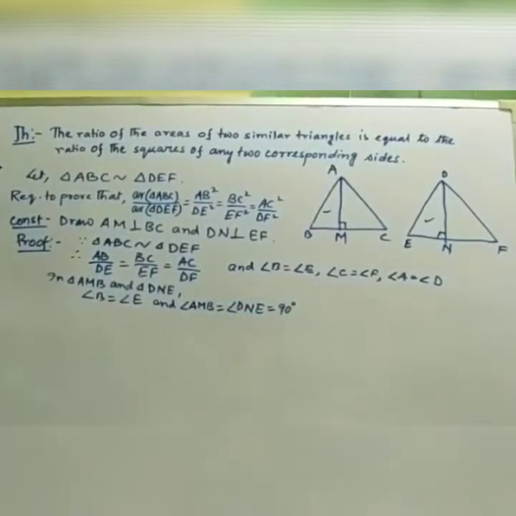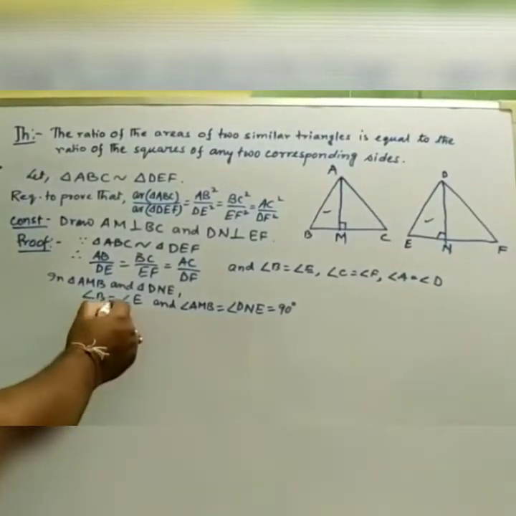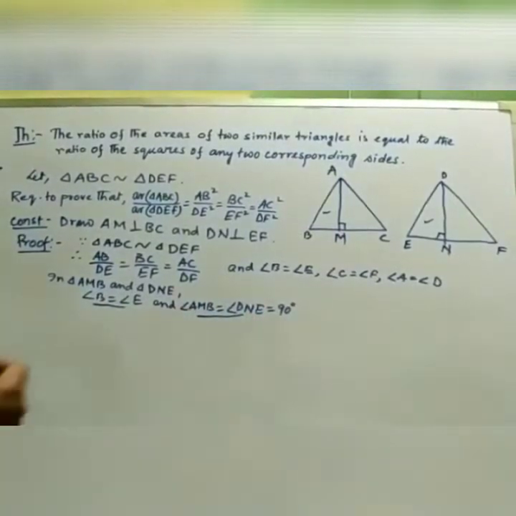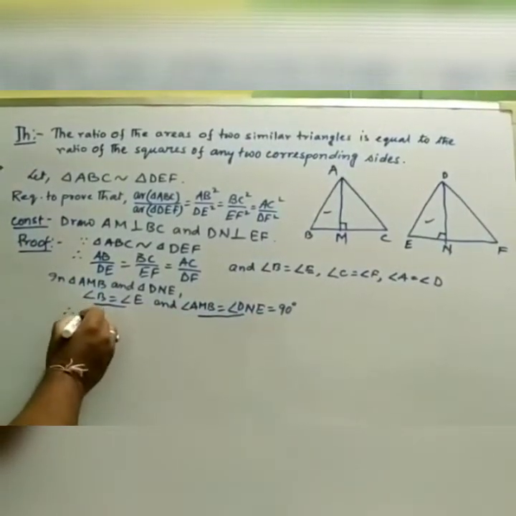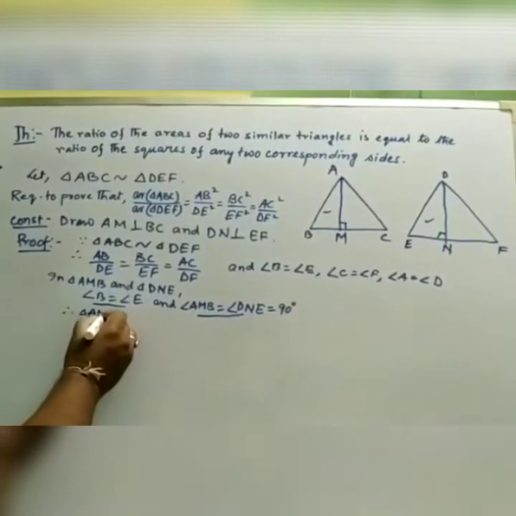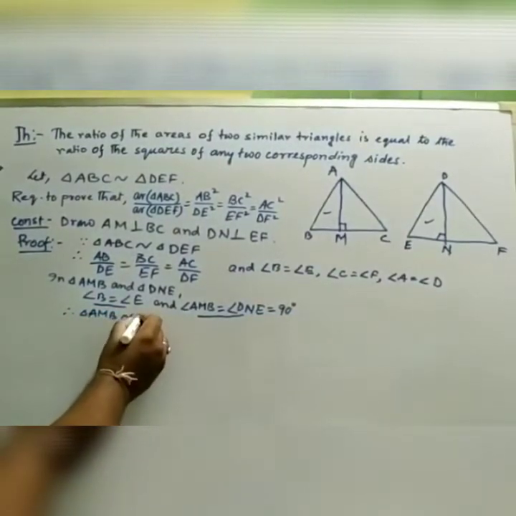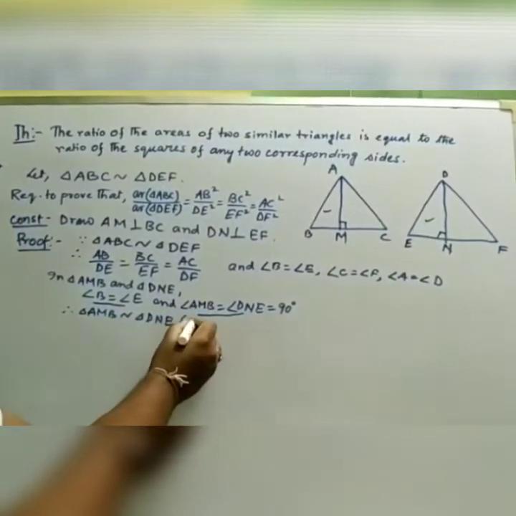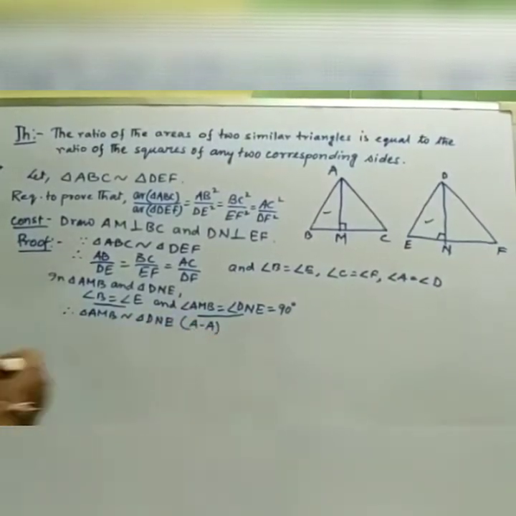Okay, as they are perpendicular, the angles will be 90. So we got the two angles property. One angle is here, another angle is here. So the angle property we can show. Therefore triangle AMB is similar to triangle DNE, by angle similarity.